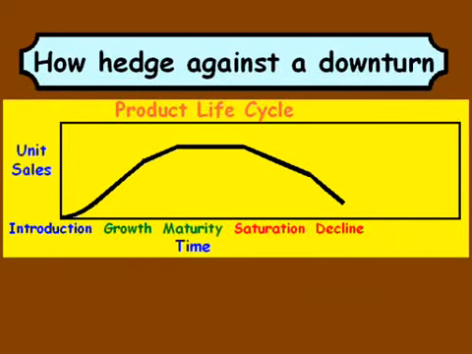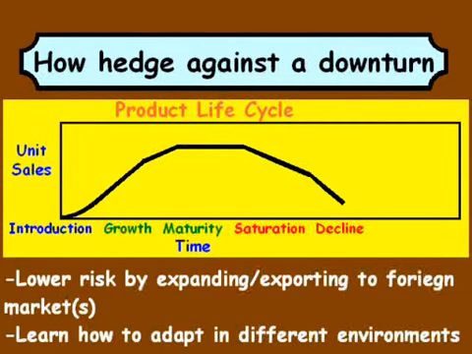In this next segment, we're going to look at how to hedge against a possible downturn. By doing that, we're looking to lower our risk by either expanding operations internationally or just plain exporting to foreign markets.